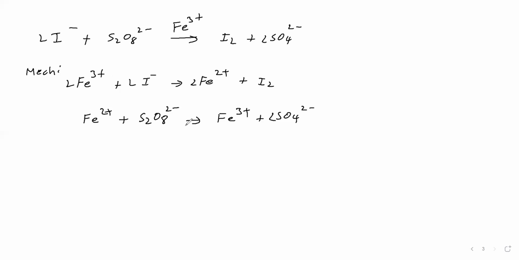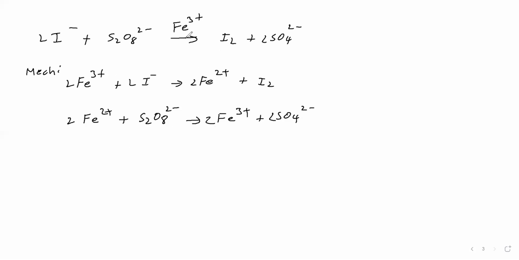Now we can see the reaction: I minus is converting into I2, and S2O8 2 minus is converting into sulfate. The catalyst makes I minus into I2 while the catalyst becomes Fe2 plus. Fe2 plus converts S2O8 2 minus into SO4 2 minus by becoming ferric again. So the catalyst is involved in the reaction and is reproduced.